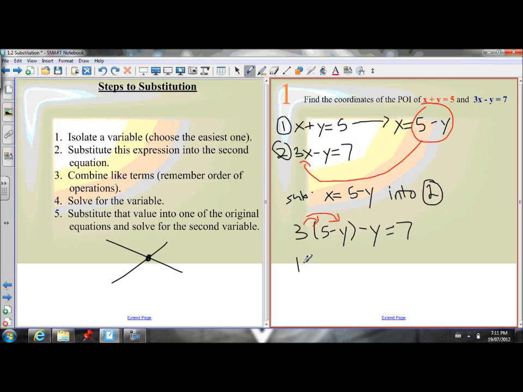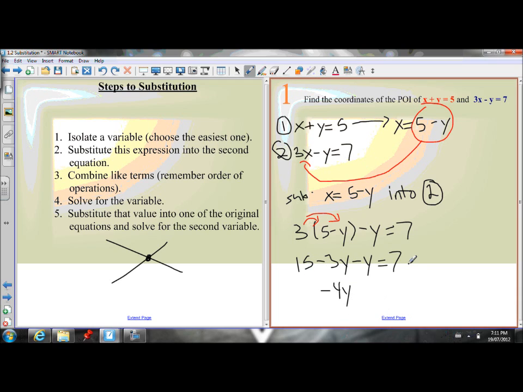Don't forget about that. So I now get 3 times 5 is 15, minus 3 times y is 3y, so minus 3y. Leave everything else the same for now. Now I'm going to collect my like terms. These are like terms here, negative 3y and negative y. That gives me negative 4y.